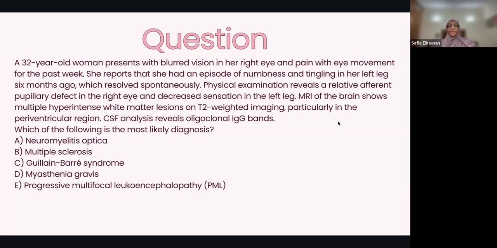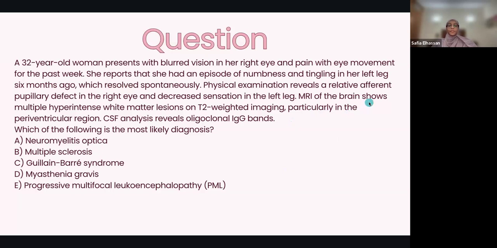Okay, so everyone is saying B. What were the clues that helped you guys diagnose this patient? Oligoclonal IgG bands, correct. Periventricular lesions. What else? Epidemiology, yes.